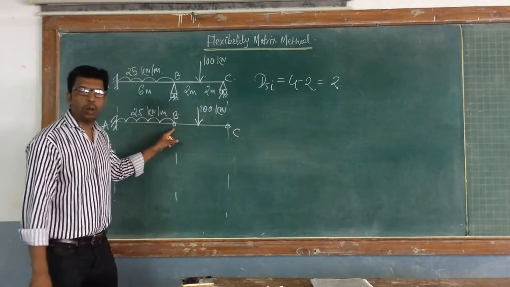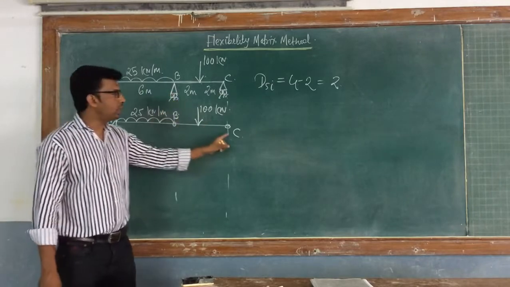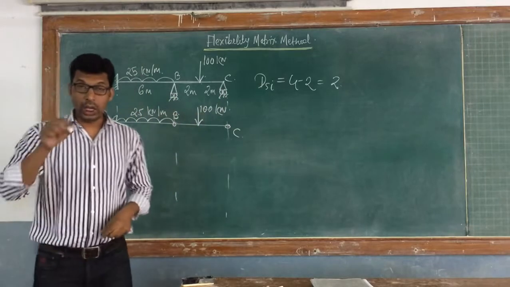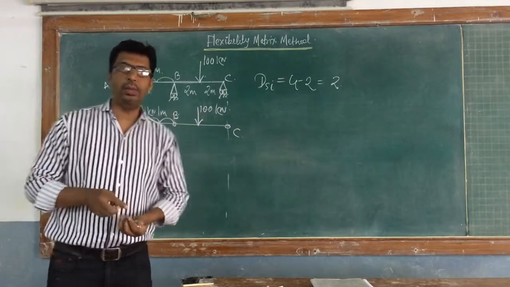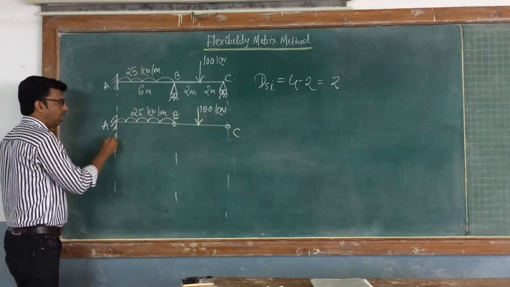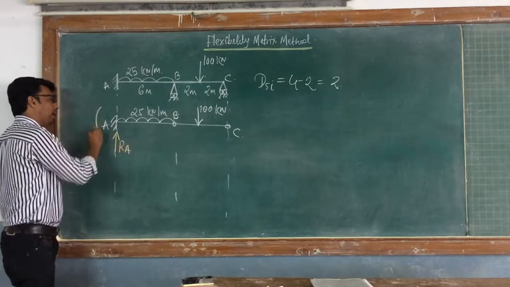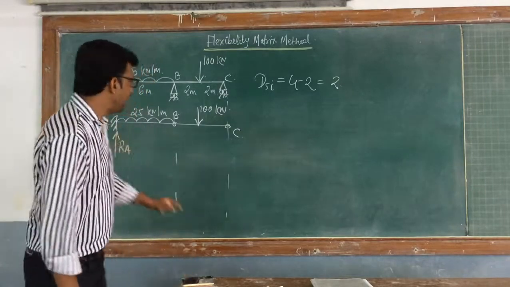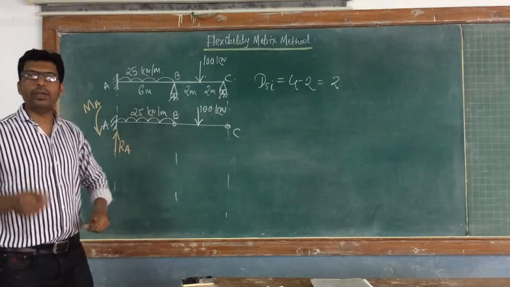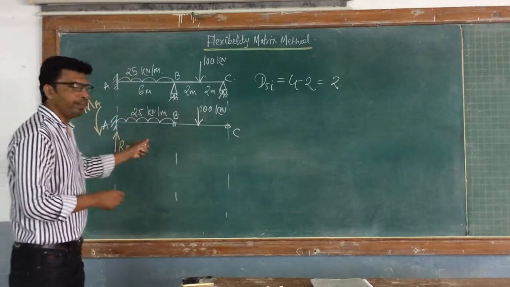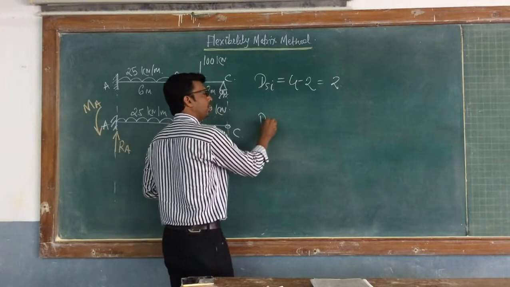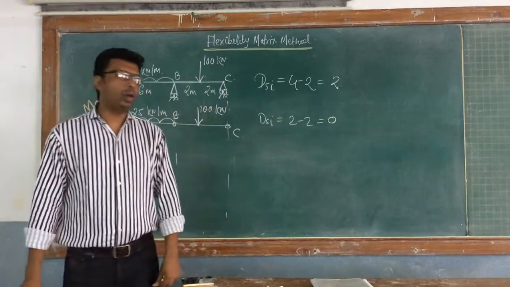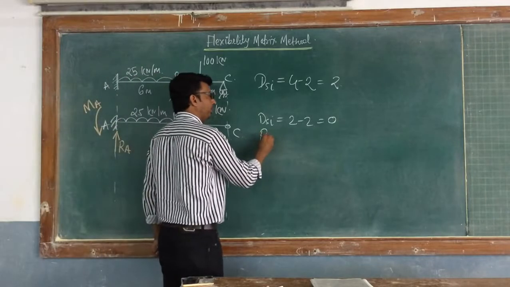We have removed the roller support at B and the roller support at C. Since we have removed these 2 roller supports, the number of unknown reactions in the beam are RA and MA only. Now it means there are 2 reactions and we have 2 equations of equilibrium. It means the DSI of this beam is 0.